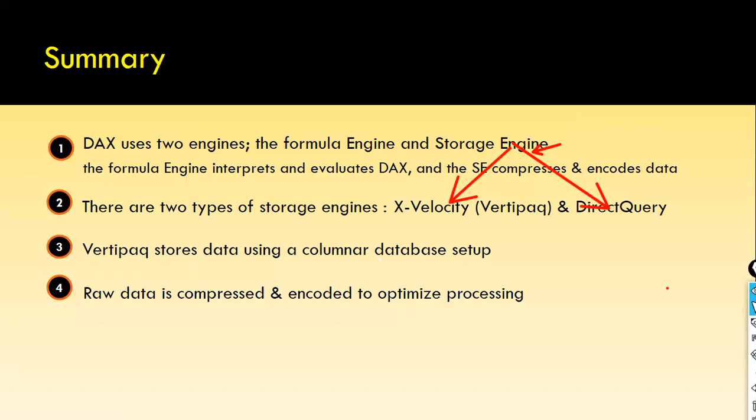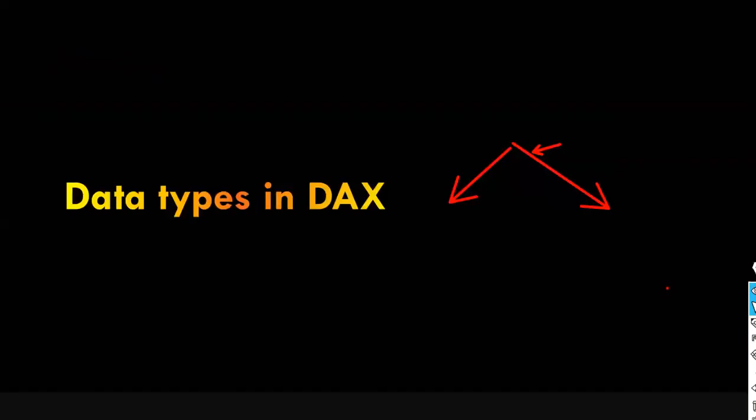Text data type, hash encoding. If it has repeated values, then it uses run length encoding. Run length encoding builds a dictionary as well as a run length encoding table. It does the encoding for the repeated values.